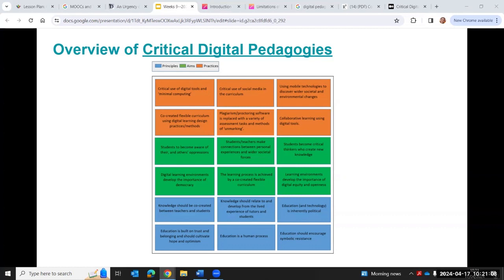So if you see the three different colors, we can start from the very top as well as bottom up or top down, it doesn't matter. But critical pedagogies involve three important dimensions: principles, aims, and practices. So if we talk about practices, are students using the tools critically?